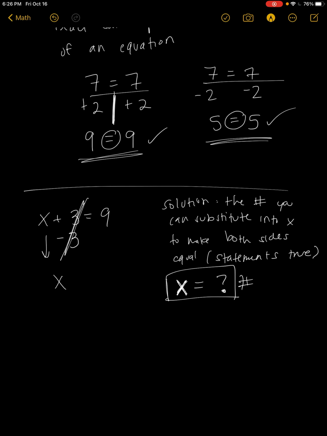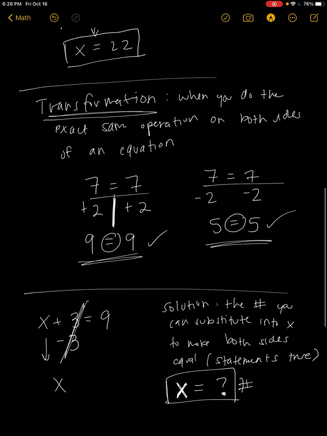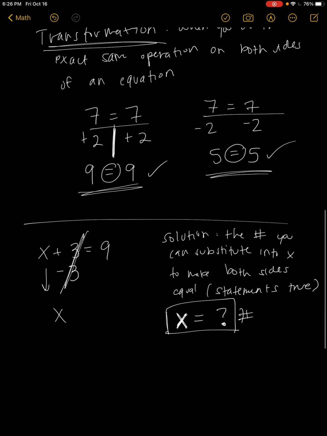This cancels out to 0. But the only way I can do it so that my equation stays equal is if I do it to both sides, right? So I'm going to also subtract 3 from the right side of the equation. Carry down my equal sign. I get 6. And then I get exactly what I want. I get my solution right there. X equals 6.